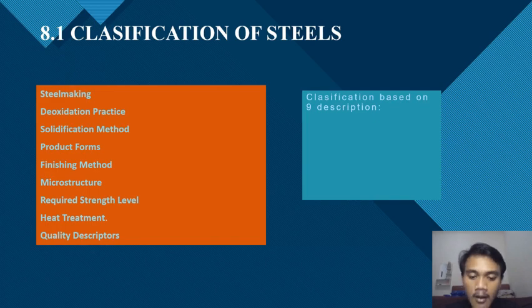The heat treatment: one of the primary advantages of steels is their ability to attain high strength through heat treatment while still retaining some degree of ductility. Quality descriptors: steels are described by a host of quality descriptors depending on the product and type of application.